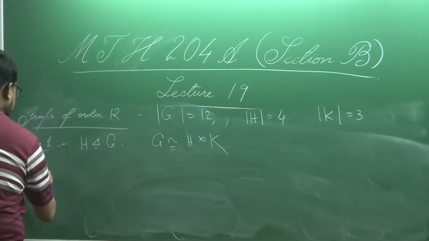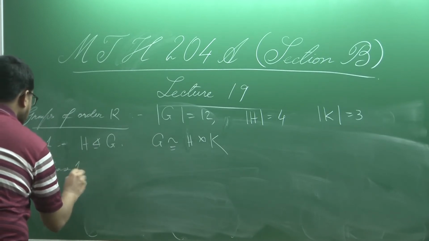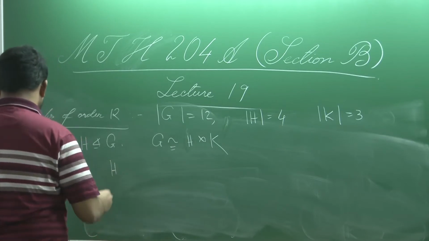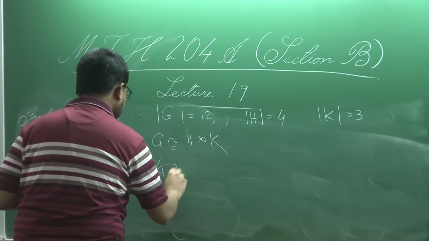Now for H we have two structures. Subcase 1 is H is isomorphic to Z modulo 4Z.